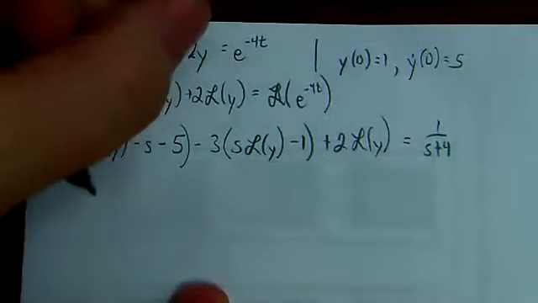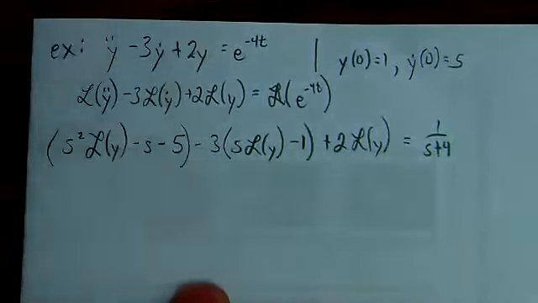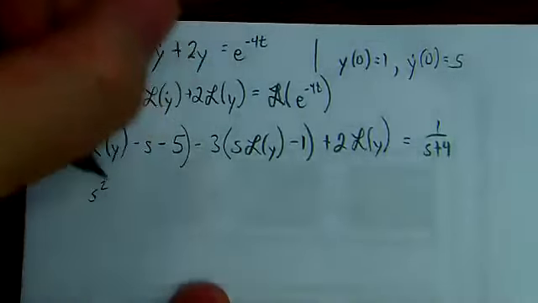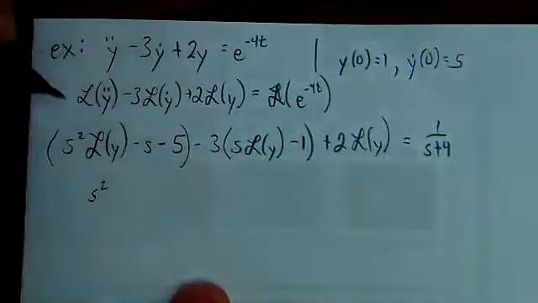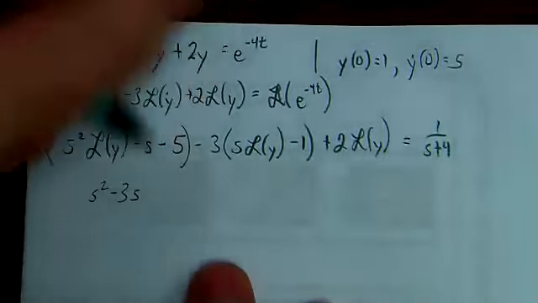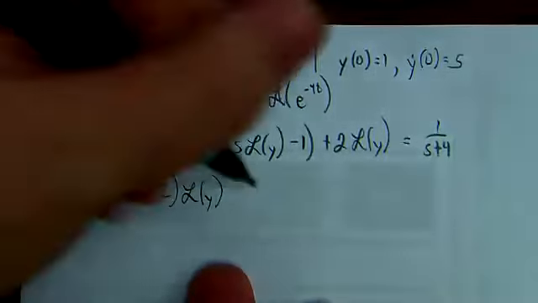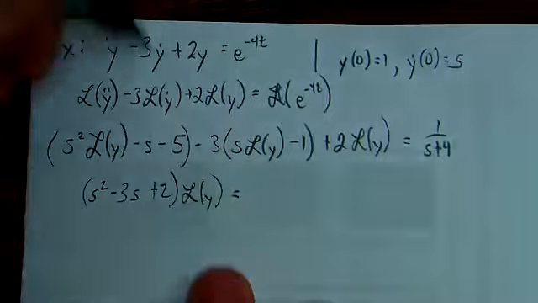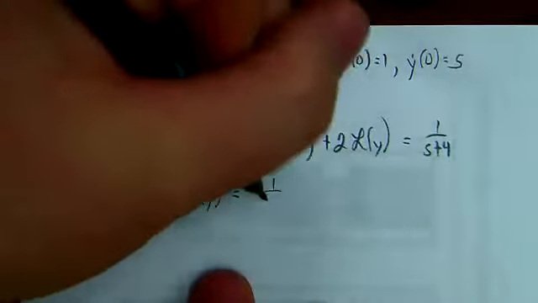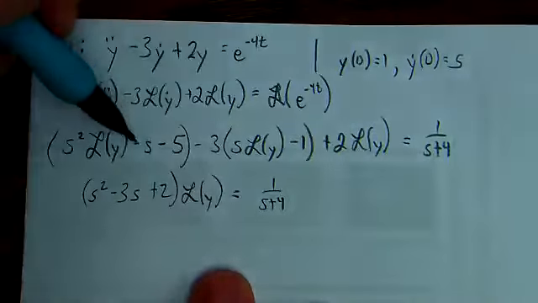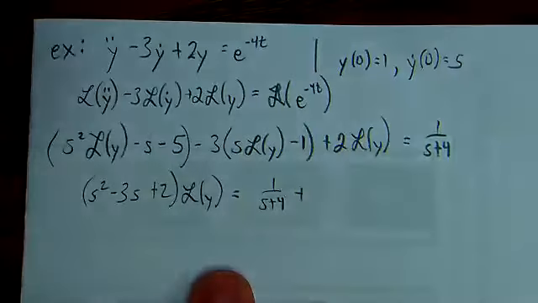Let's clean this up. On the left, I'm going to keep everything with the Laplace of y and factor it out. So I've got s squared minus 3s plus 2 times Laplace of y is equal to 1 over s plus 4 plus s plus 2.